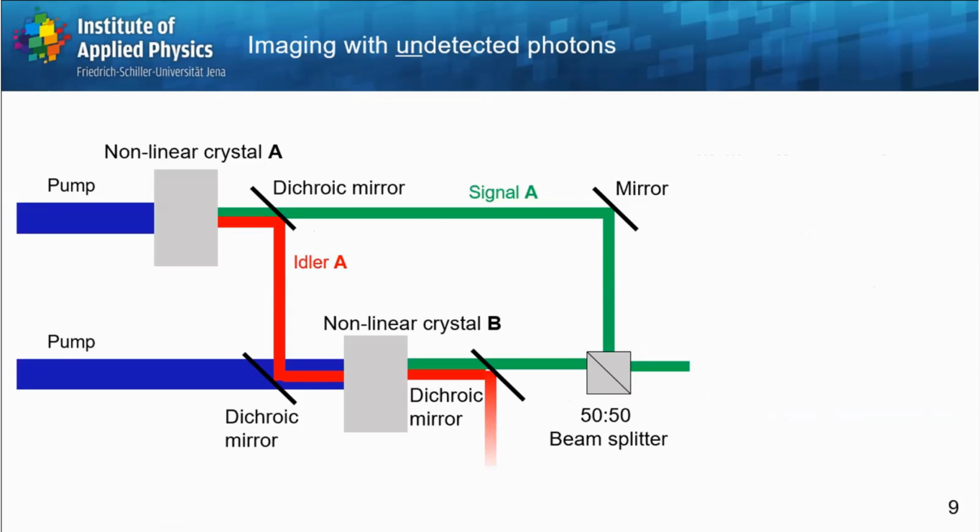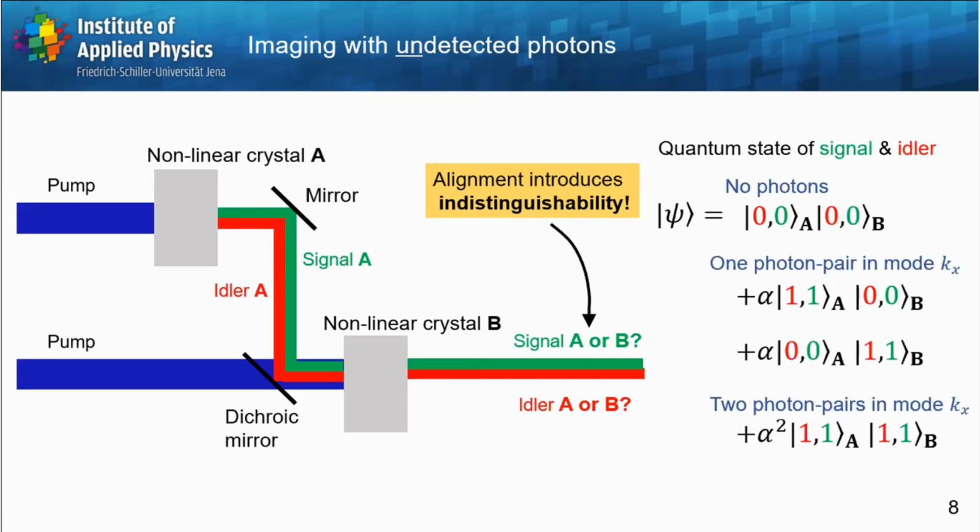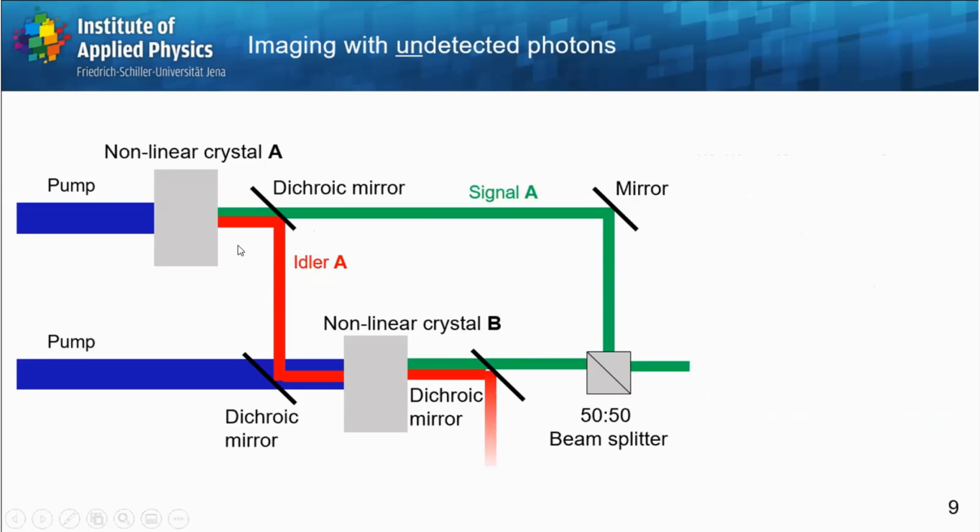But we can further change this setup. Just remember, before, I put signal and idler through the other one. But if I take the signal out and leave the idler, the setup would look like this. The idler A is still going through this road, but for the signal A, I can put the correct mirror to separate them and then put them back here.